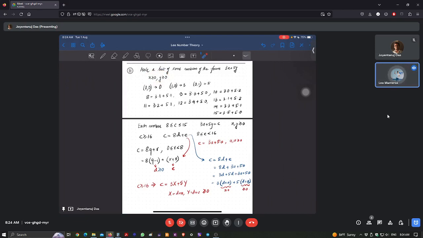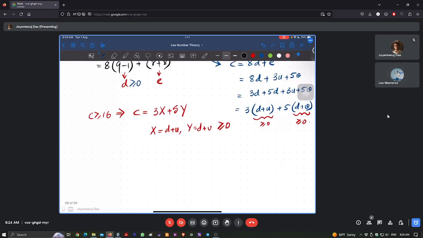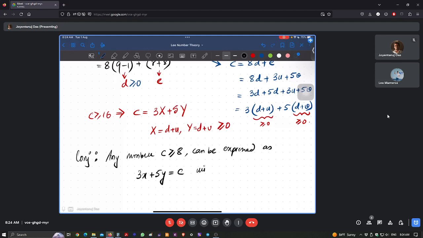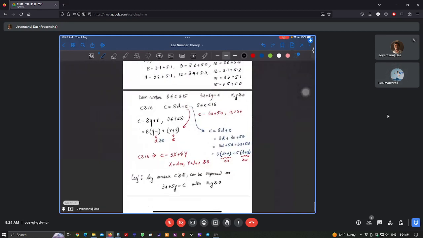The conjecture is, let me write it down: any number c greater than or equal to 8 can be expressed as 3x plus 5y equals c, with x comma y both non-negative. So this is what we proved.